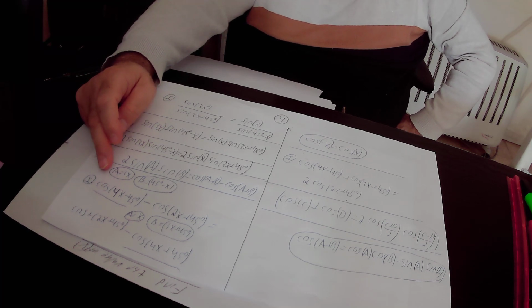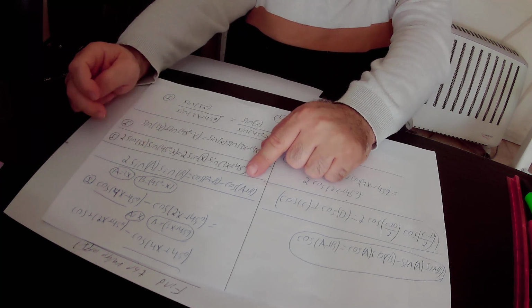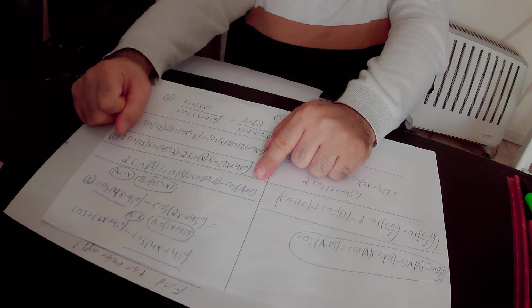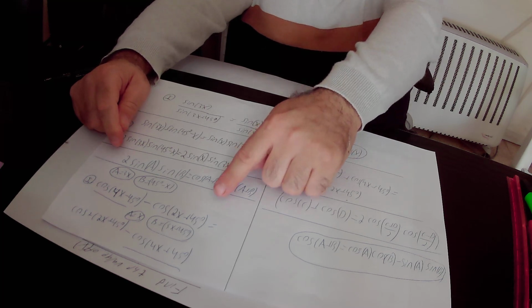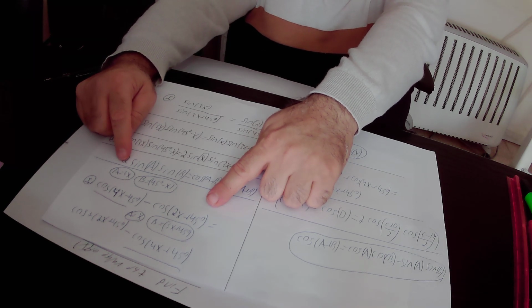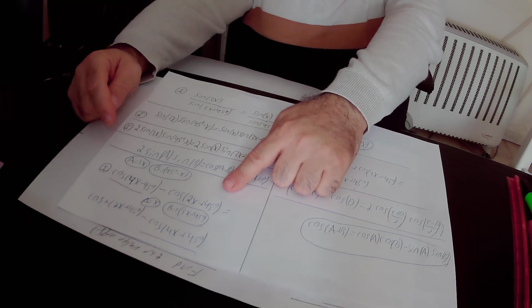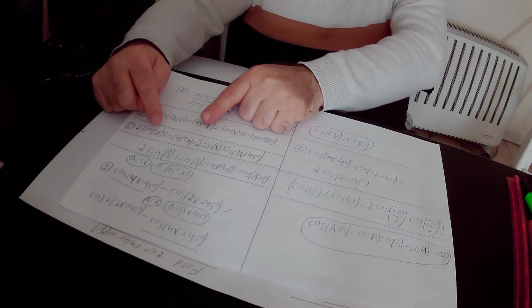So we got cosine 4x minus 45 degrees, and it also equals minus cosine A plus B. A is 3x and B is 45 degrees minus x, so A plus B is 3x minus x, which is 2x, plus 45 degrees. Okay, so we finished with this expression.